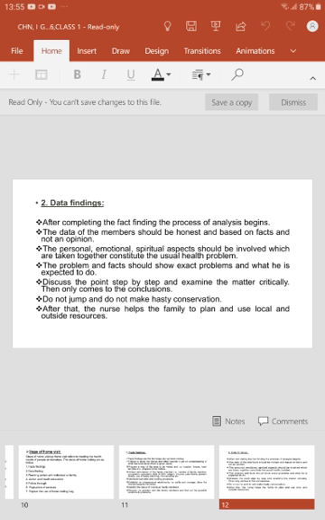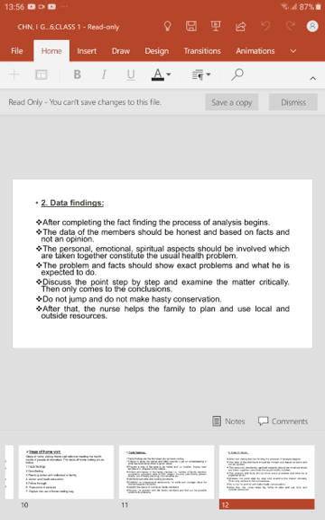Then discuss the points step by step and examine the matter critically, and only then come to a conclusion. So once you know about the problem, we can give care to the person step by step to solve the problem. If you go step by step, we can analyze the person step by step and solve the problem.